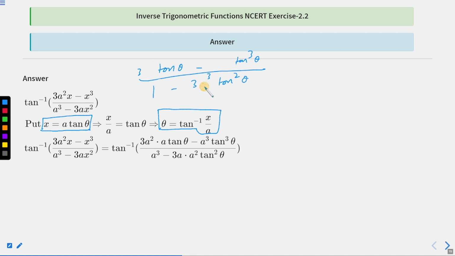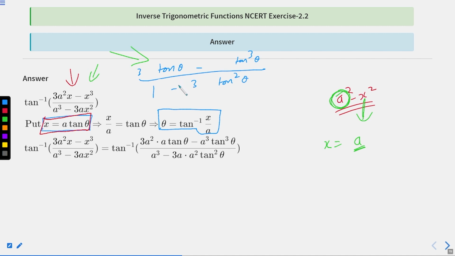What is the purpose? As you can see, we took a tan theta. In such types of expressions, and in the previous one also, we always try to get rid of a. So we take x equals something like this so that we can easily get rid of a from the given expression. As you can see over here, now a is not there.